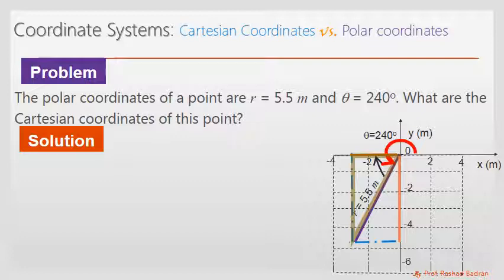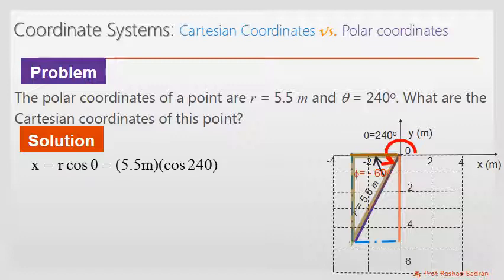Here an angle of minus 60 can be drawn in the third quadrant. This angle minus 60 degrees is actually equivalent to the angle 240 drawn in the counterclockwise direction with respect to the positive x-axis.